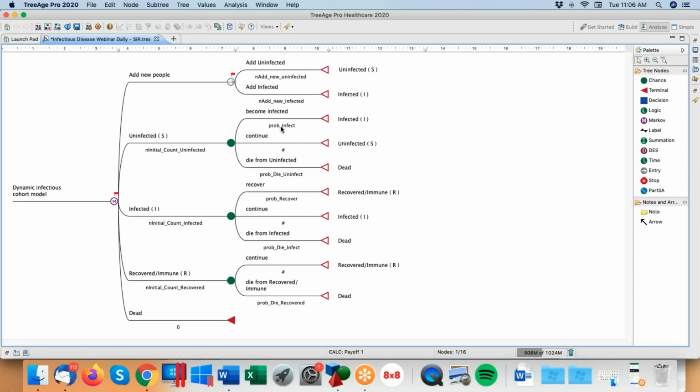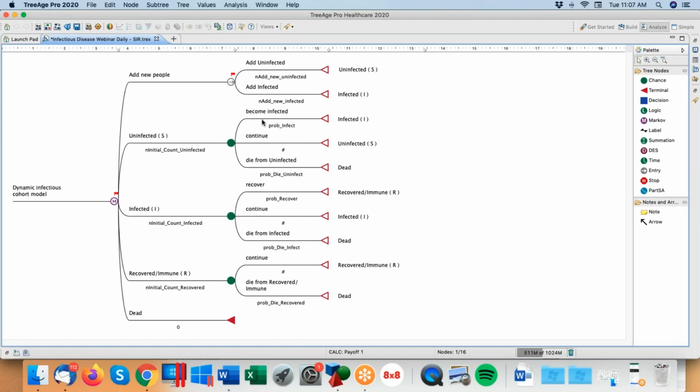So you don't have any kind of interaction amongst the people in the cohort. That's not true in an infectious disease model. That probability of infection is calculated using the proportion that's already infected, in that kind of pandemic mechanism where infections can grow and become more likely as you get more infected people in the overall cohort. So we're going to spend quite a bit of time focusing on this probability right here.